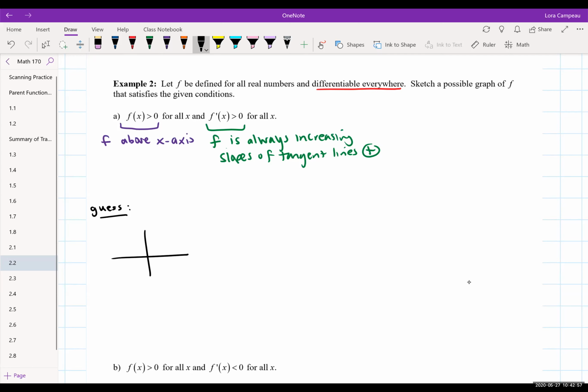So I'm just thinking of something that's smooth and continuous everywhere based on that definition. One of my favorite functions that's smooth and continuous could be the parabola. But if it's always greater than 0, that means it's always above the x-axis. I could start off with, okay, let's try that.